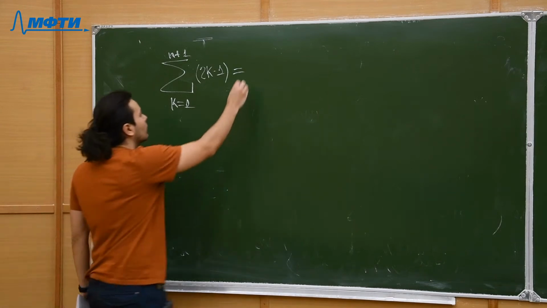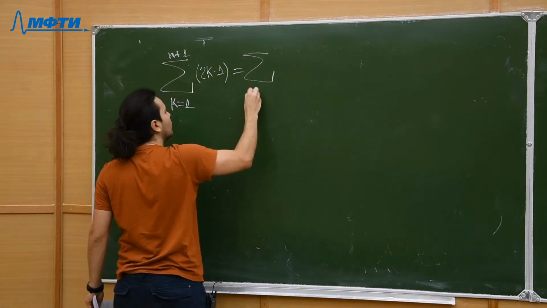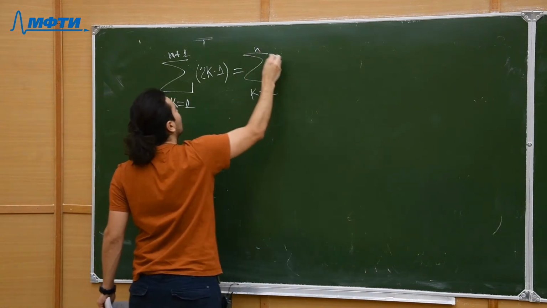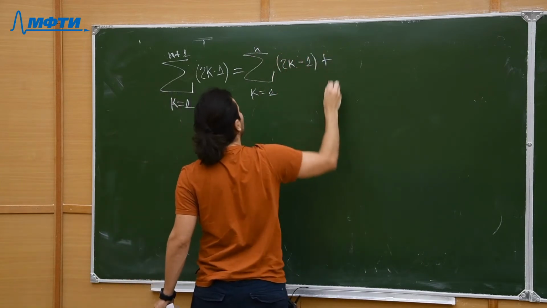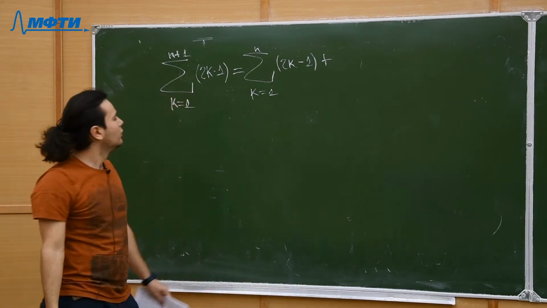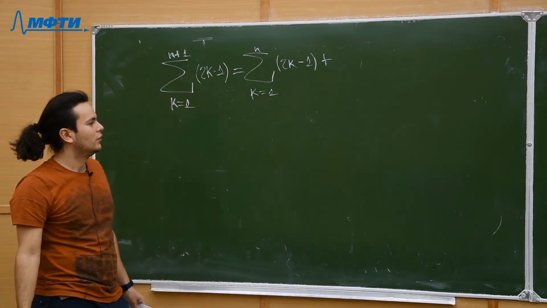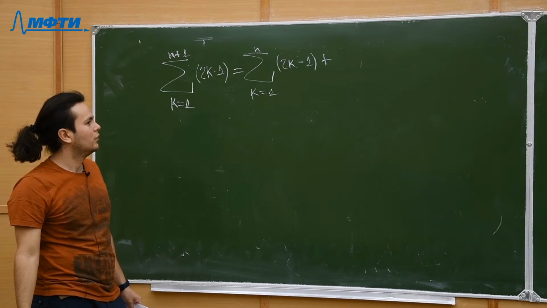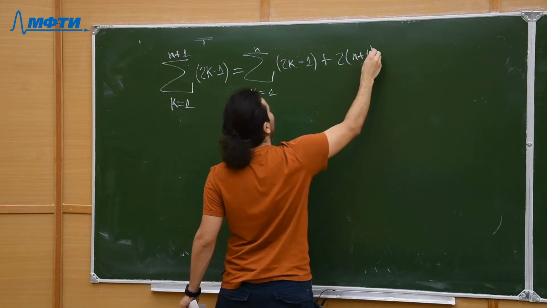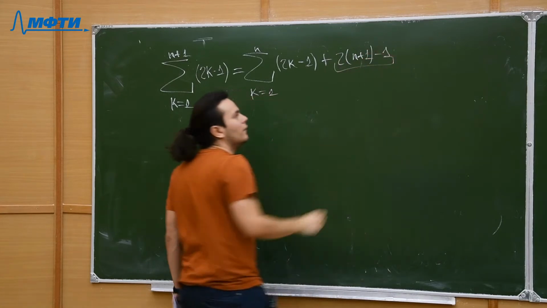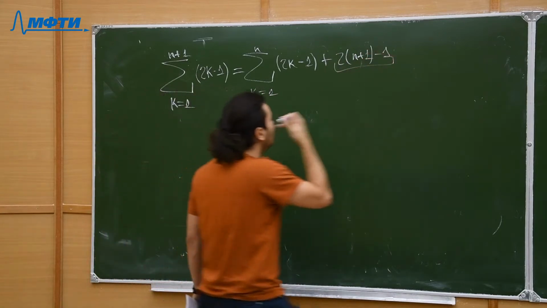Plus what? Yes, so this is the sum up to n plus 2(n plus 1) minus 1, right? And now this is equal to what?